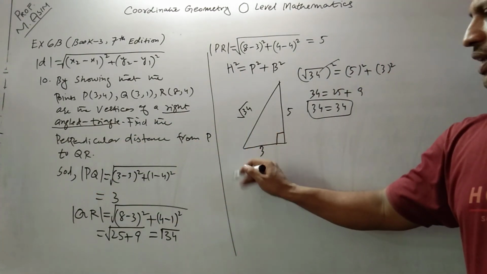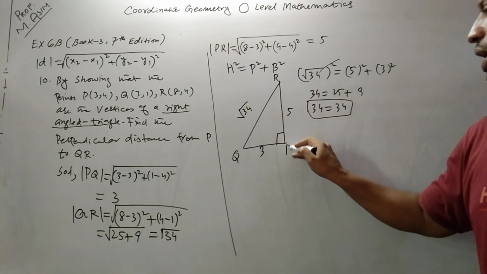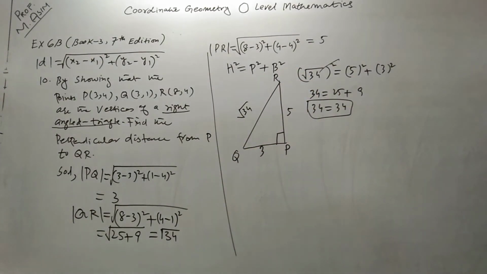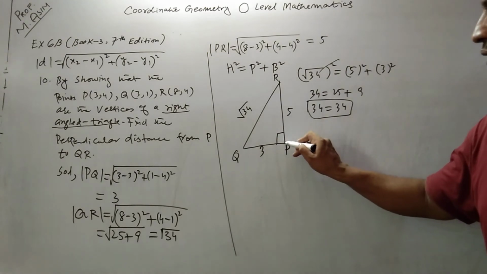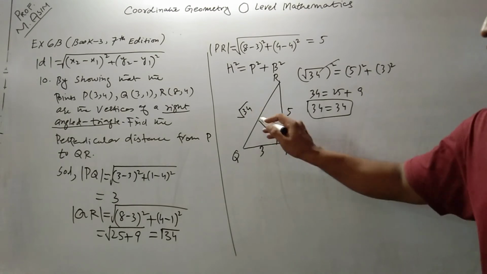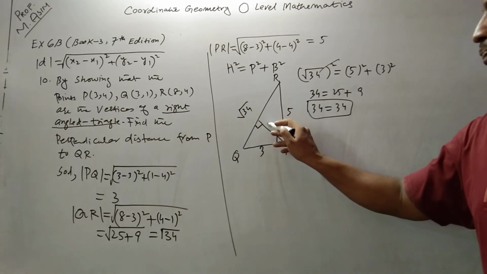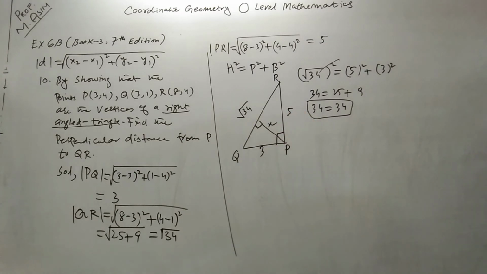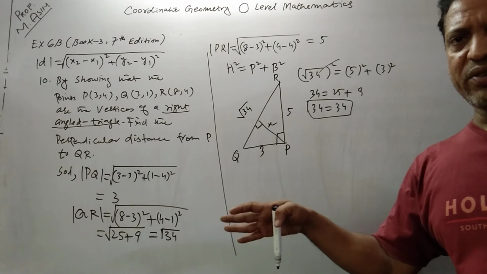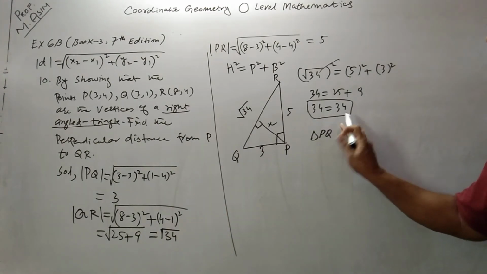So if this is QR, this is Q, this is R, this is P. We have to find the perpendicular distance from P to QR. Perpendicular means this one. Assign the name, perpendicular distance is X or H, no matter. Before we find the perpendicular distance, we must find the area of triangle PQR.